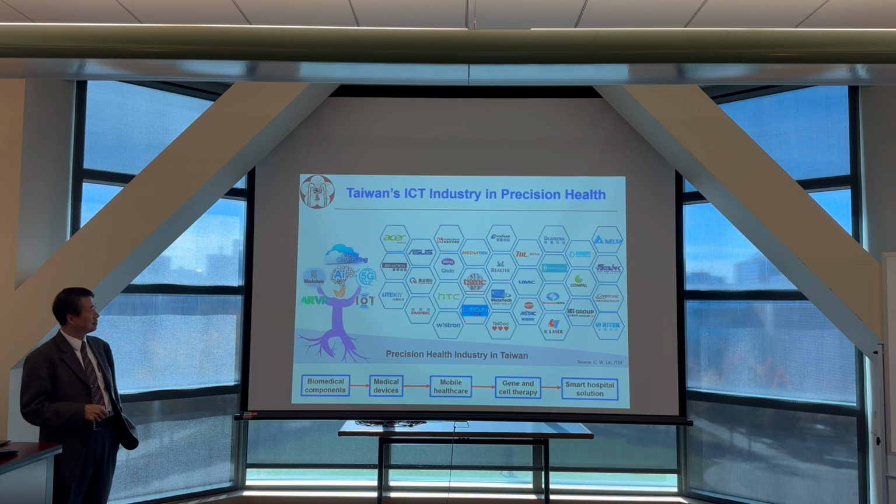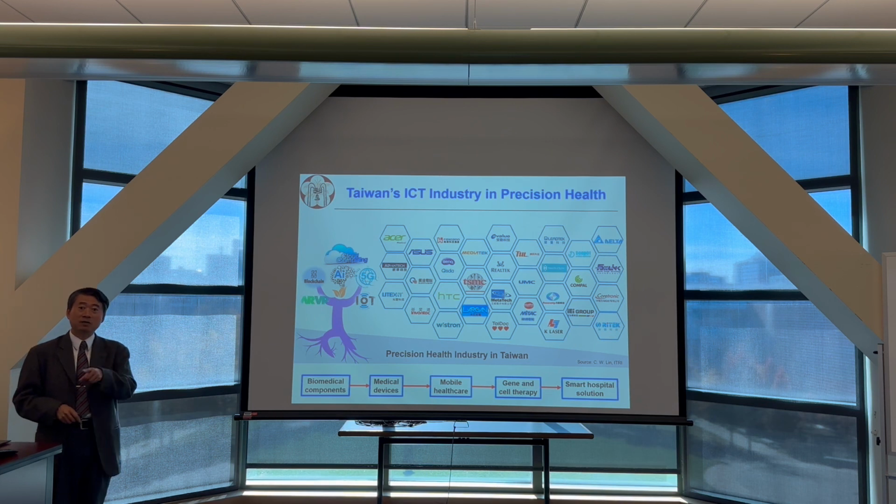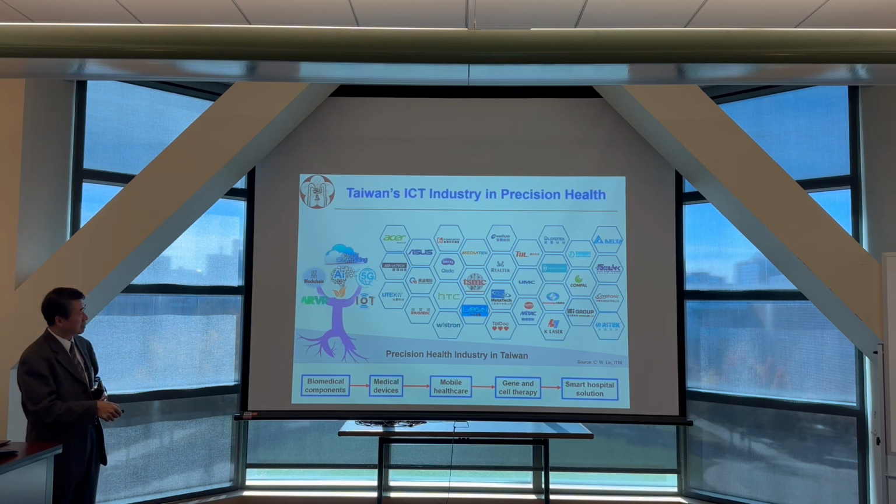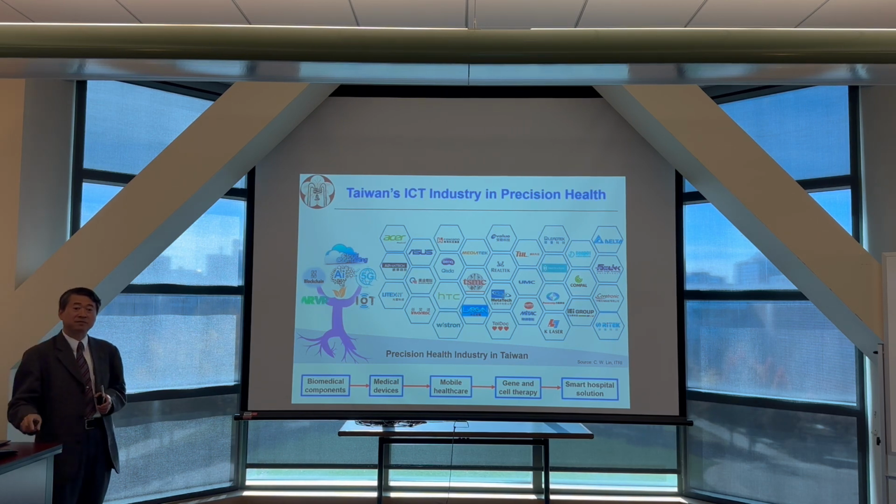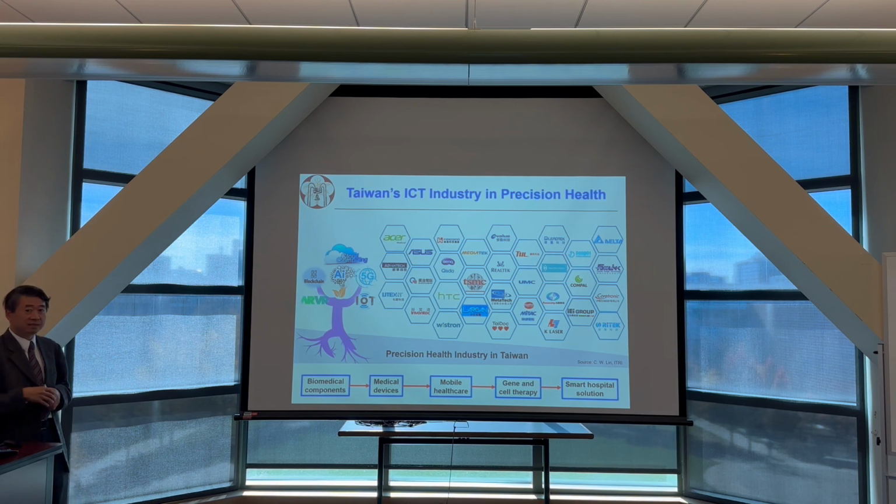For example, the company Largan here. Maybe you never heard about Largan, but I believe many of your cell phones have very compact lenses for the camera. For this camera, there are maybe 6 to 8 lenses. I believe Largan's worldwide market share is more than 50%. So it's highly likely for your cell phone to use Largan's lens.